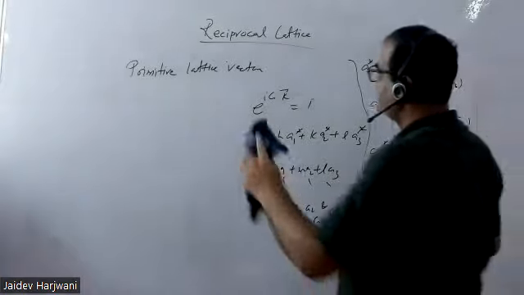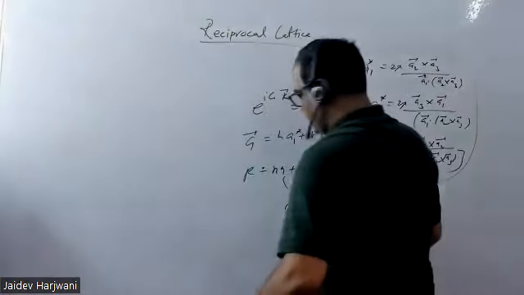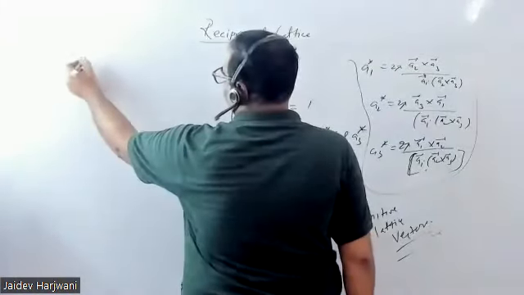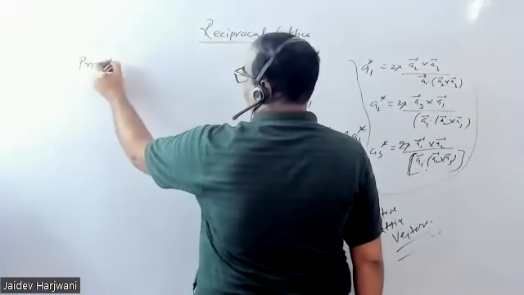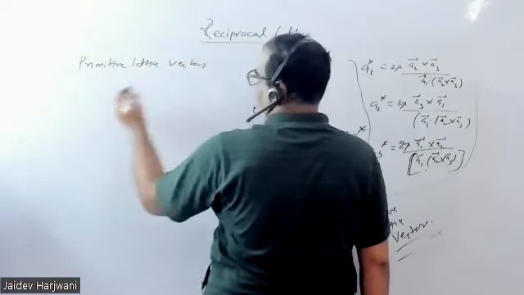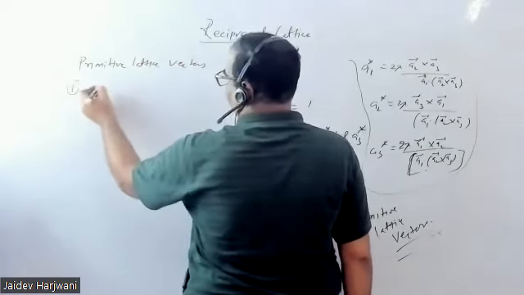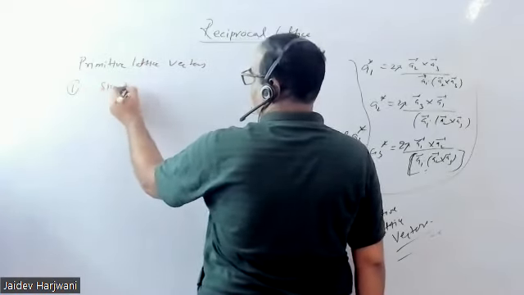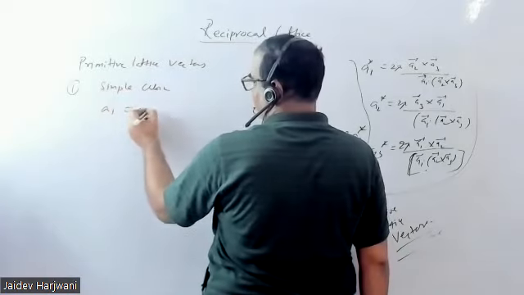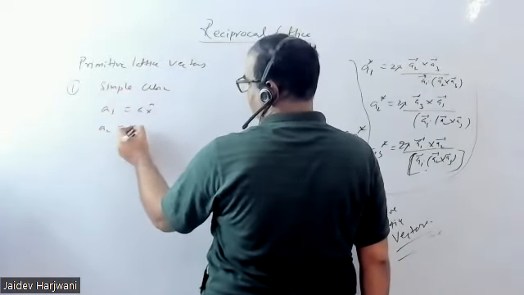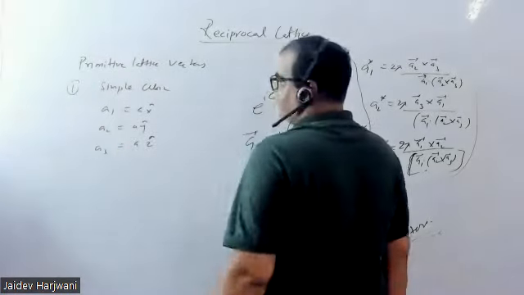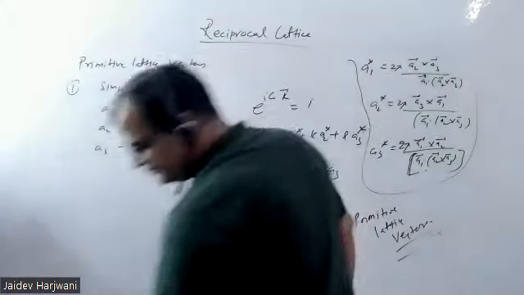For example, for simple cubic, the primitive lattice vectors are a1 = a x̂, a2 = a ŷ, and a3 = a ẑ.